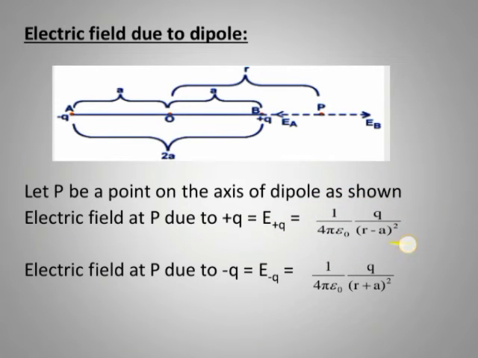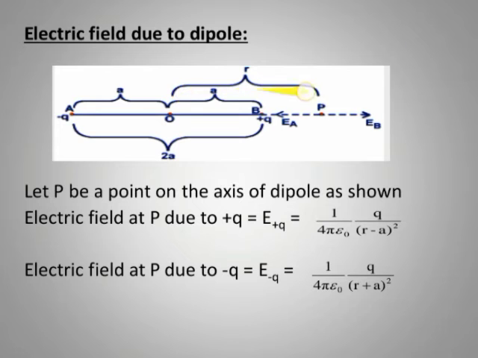So what is this r square? It is the distance between the charge and the point where it is producing an electric field. So what is the distance from B to P? It is r minus a. So this is your distance.